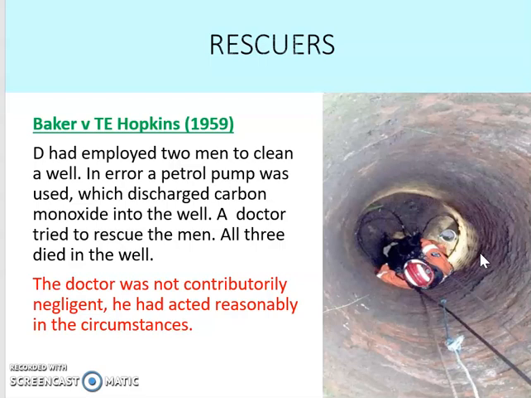And the doctor was held to not be contributory negligent because he'd acted reasonably in the circumstances. So although the defendant was trying to argue, well, it's his own fault, the doctor, for getting in the well, that's a stupid thing to do, the court said, well, no, he's a rescuer. He was trying to save life. He did what a reasonable rescuer would have done.